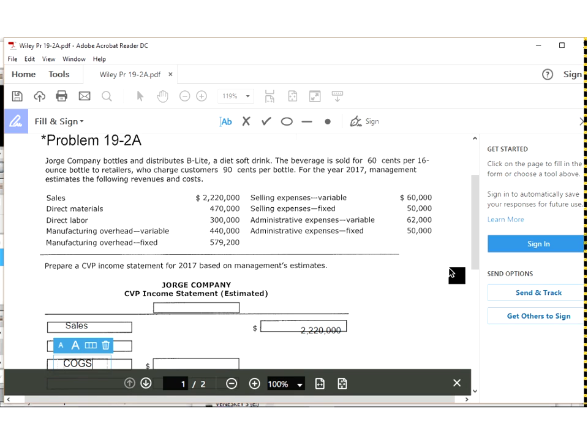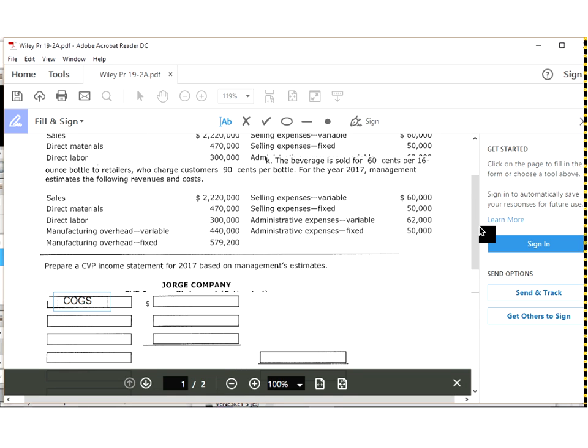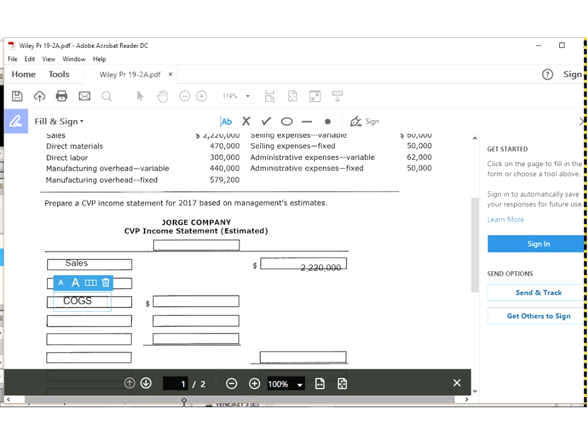What costs were there in the factory to make this product? Remember, that's what cost of goods sold is. How much did it cost me to make this item? And I want to know just the variable cost. So I'm going to add up the 470 because that's a variable cost, and that's part of cost of goods sold, the labor, and the manufacturing overhead portion, the variable portion of that.